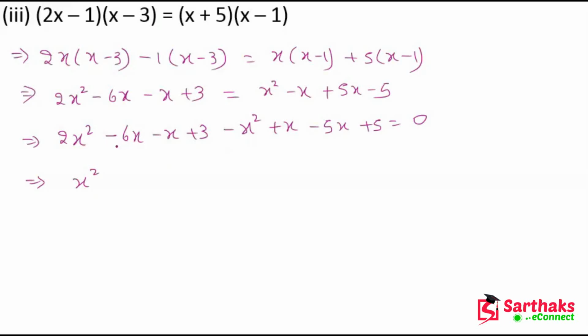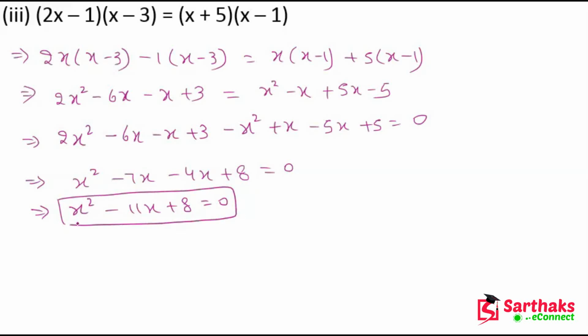Minus 6x and minus x will become minus 7x, and plus x minus 5x will become minus 4x. Plus 3 plus 5 we get plus 8, which is equal to 0. Now if we solve this, we get x square minus 7x minus 4x, that is minus 11x plus 8 is equal to 0. This is our result.